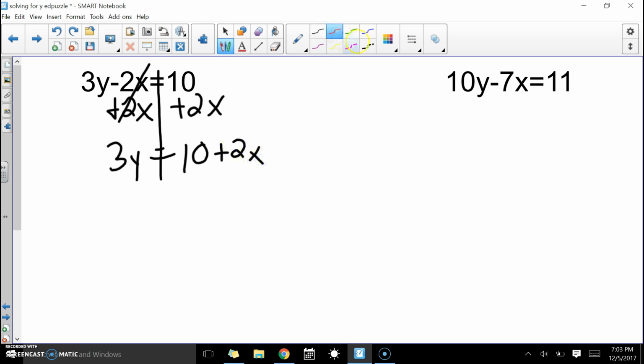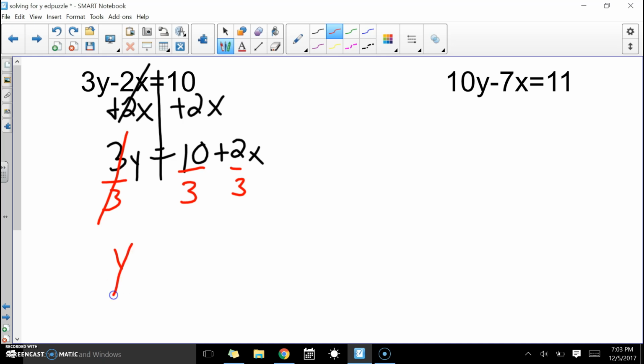Okay, now this 3, this operation here is multiplication. To undo multiplication, we have to divide. This is where it can get kind of tricky. So I'm going to divide by 3 to get y by itself, and I have to divide each term by 3. Okay?